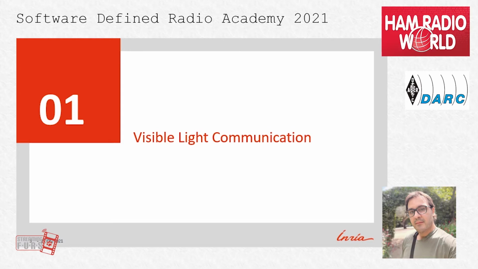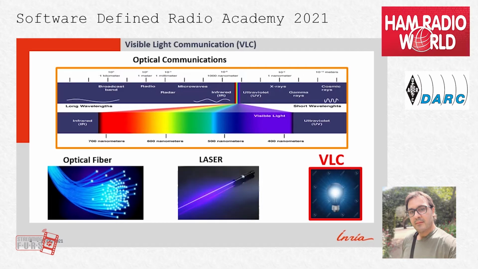So, what is visible light communication? Visible light communication is a subset of optical communications, like all the techniques which use light, which is the portion of the electromagnetic spectrum that we can see with human eyes, namely in the range between 400 and 700 nanometers.